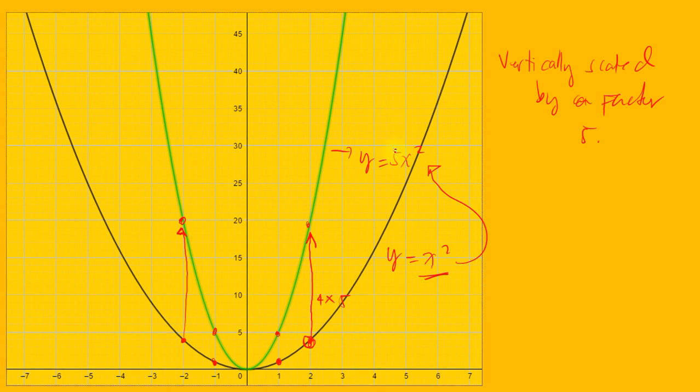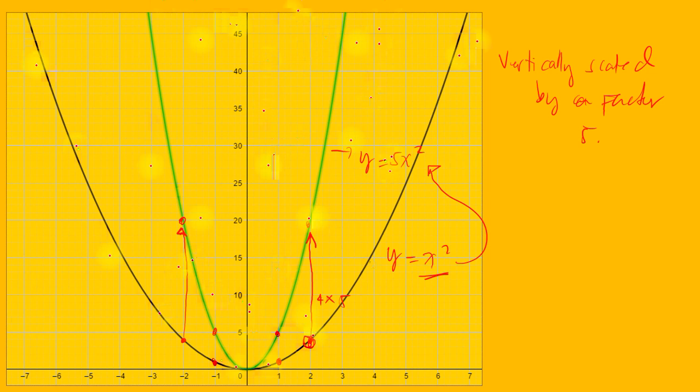By using x squared, just multiply all the y coordinates of each point and you'll get y equals 5x squared. From this equation itself, it's very understandable and logical that x squared is just being multiplied by 5. You can get the green graph by just multiplying the y values of the black graph.